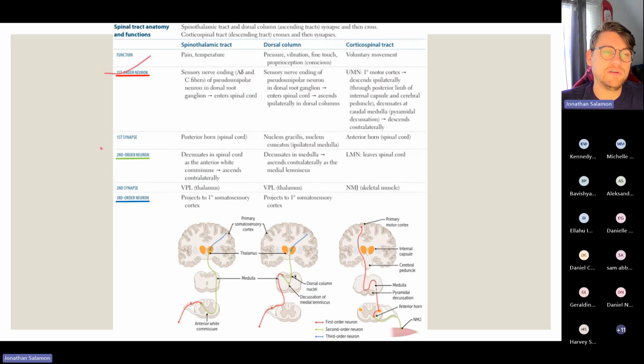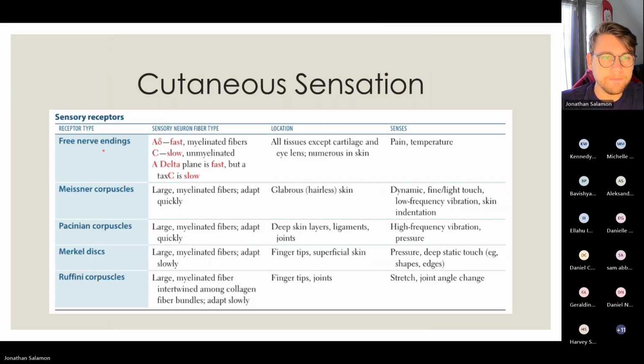We all know what first order neurons are. This shouldn't be that important, but you're going to get at least one question on it. Be familiar with these. That's really all I can say. I would say for this, generally know what they do.